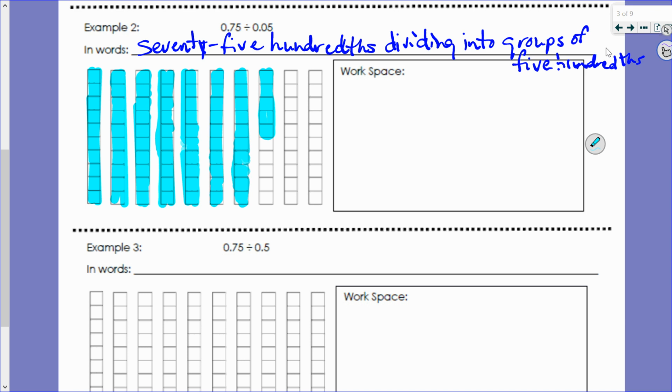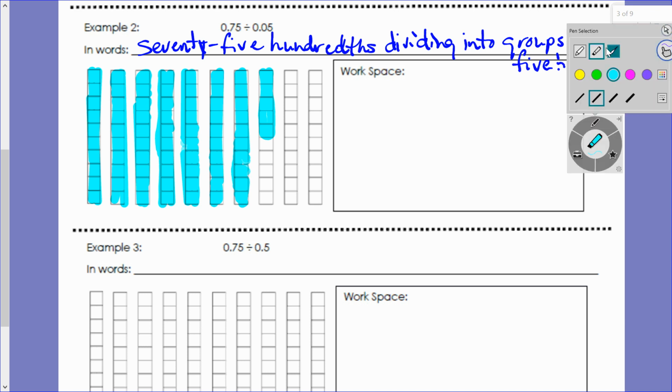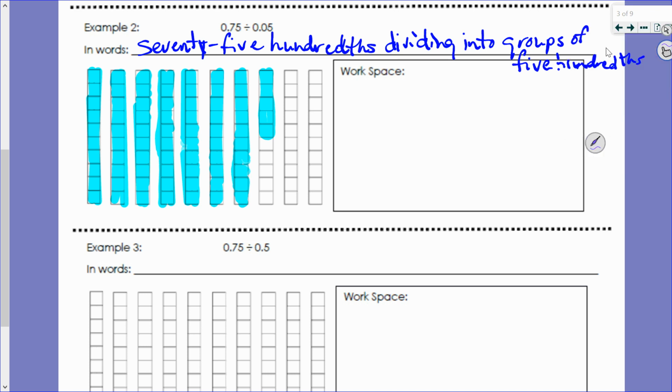Now we're going to divide this into groups of how much? 5. So how many groups of 5 do I have? Well, we can just count. Here's 5. There's my first group. Second group. Third. Fourth. Fifth. Sixth.